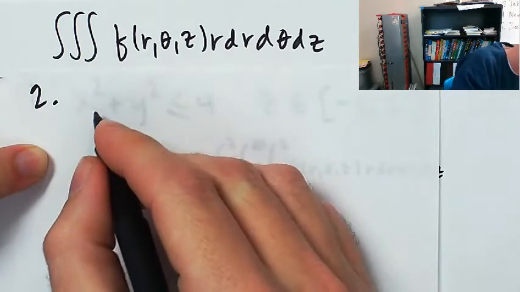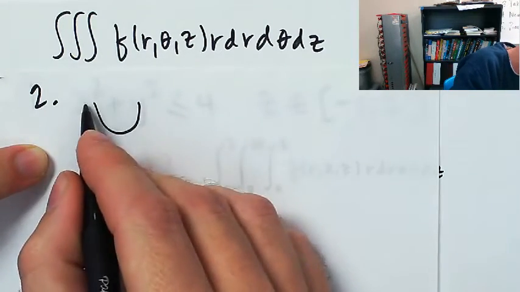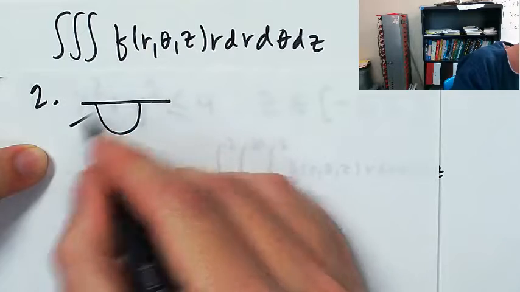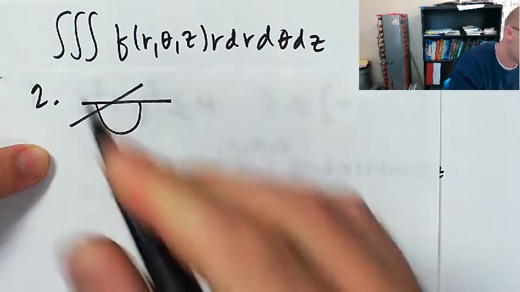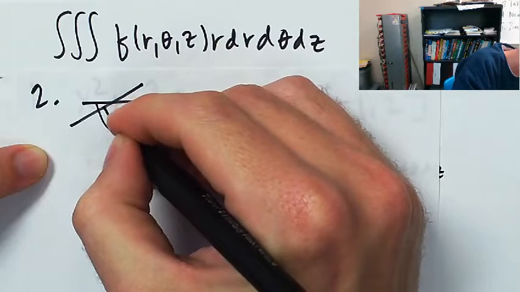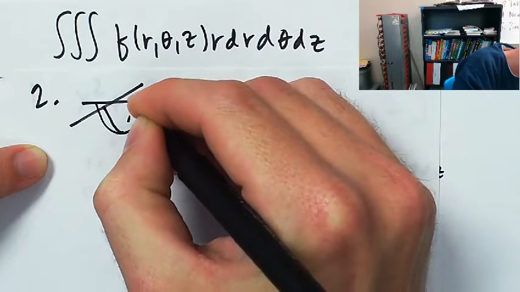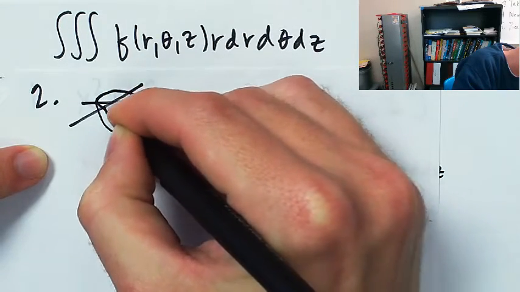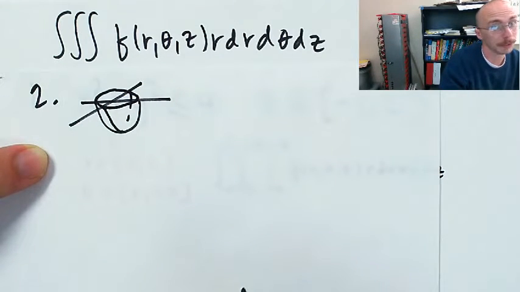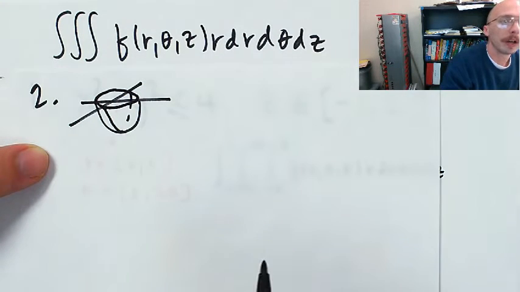So what we really need is, I guess it's going to look like that. This is going to be the XY plane that I drew in on top of it.